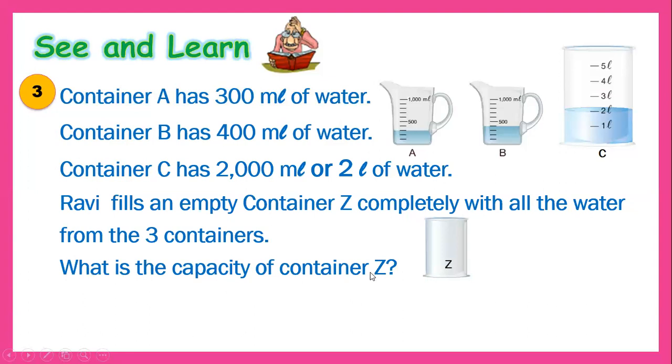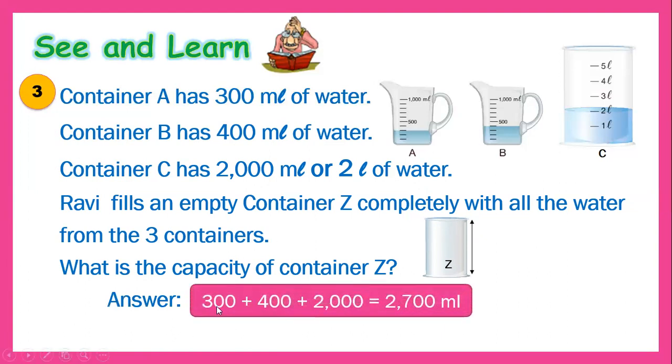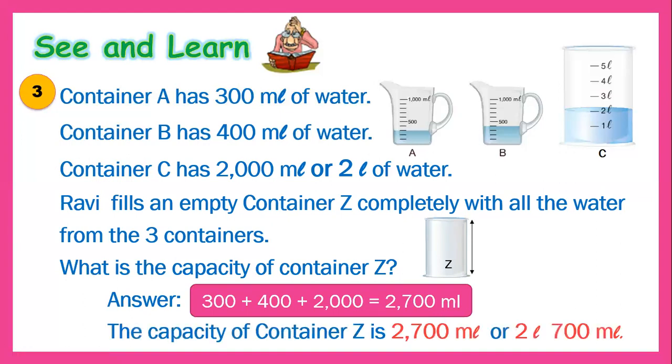What is the capacity of container Z? To answer, 300 ml plus 400 ml plus 2000 ml is equal to 2700 ml. Therefore, the capacity of container Z is 2700 ml or 2 liters and 700 ml. Am I understood?